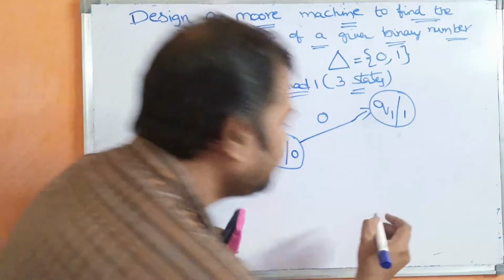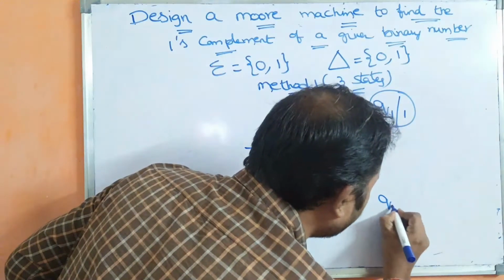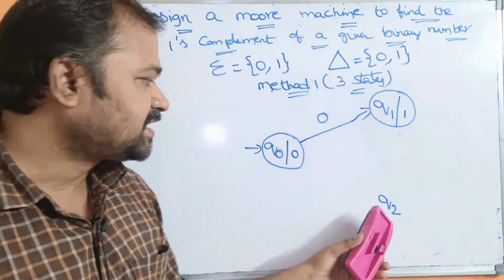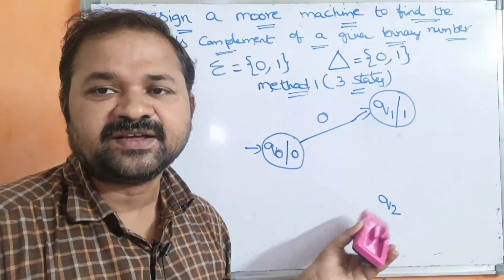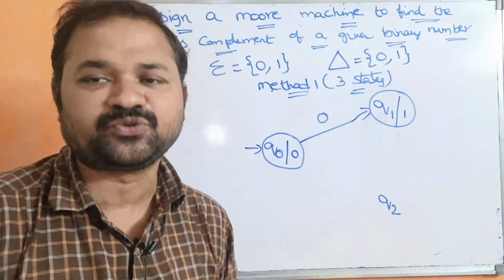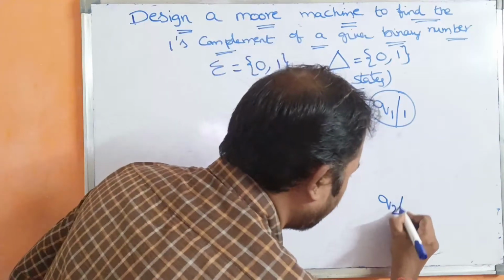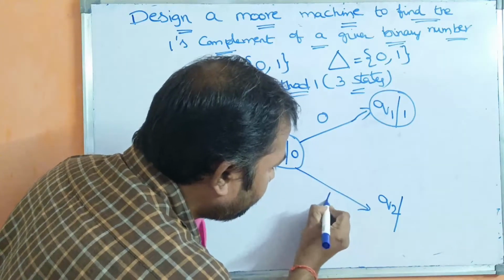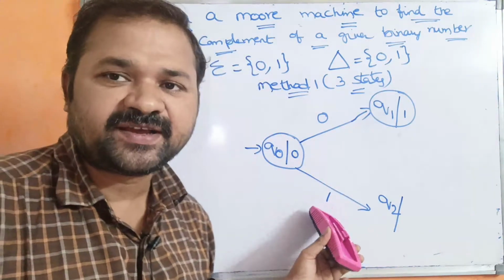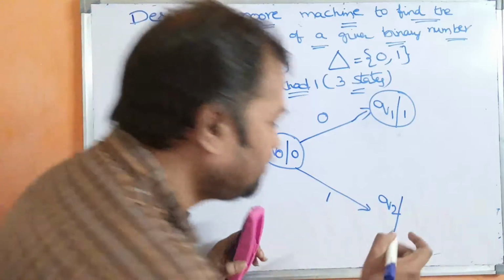Likewise, we need one more state. That state is Q2. Q2 accepts 1 as the input. If the input is 1, then that input will be passed to Q2. If the input is 1, then what is the output? 0.